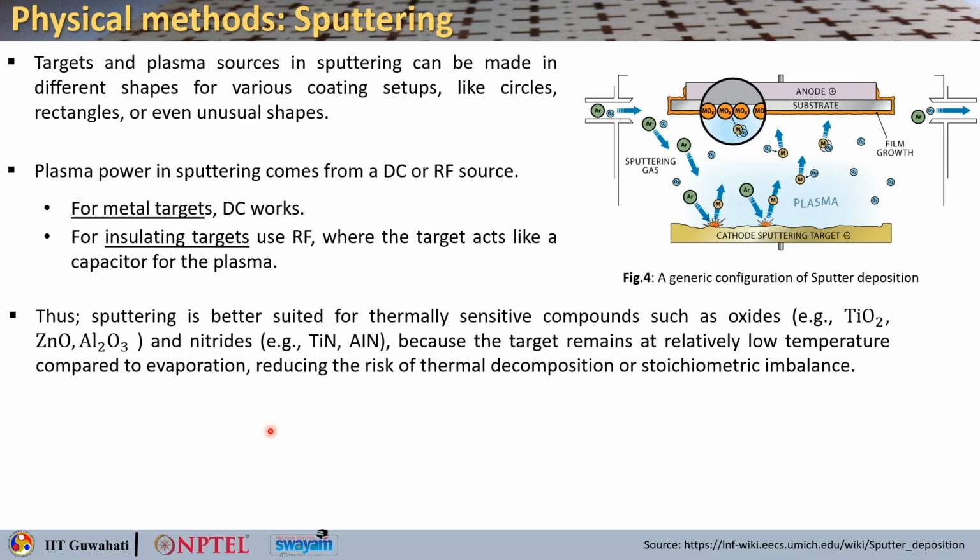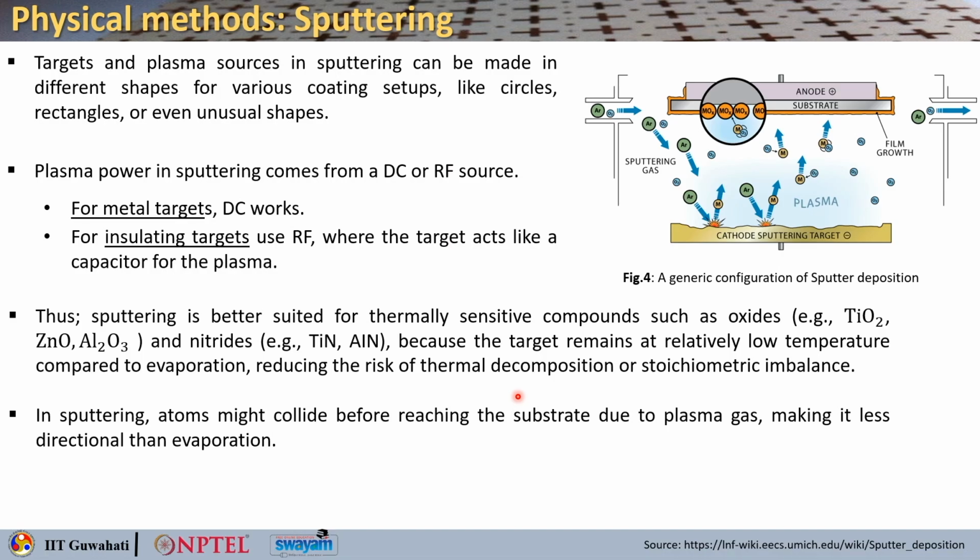So, thus you can see that sputtering is better suited for thermally sensitive compounds such as oxides, TiO2, zinc oxide or Al2O3 alumina, and nitrides, aluminum nitride and titanium nitride, because the targets basically remain at relatively low temperature compared to the evaporation, and that basically reduces the risk of thermal decomposition, or you can say a stoichiometric imbalance.